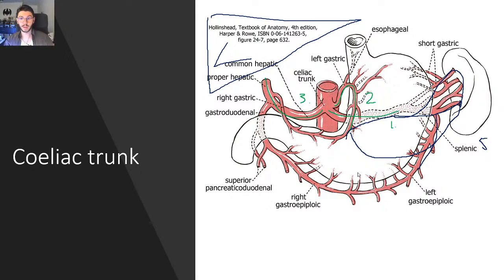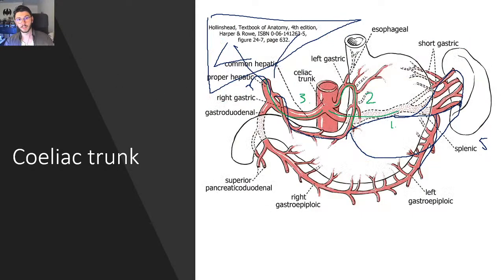The proper hepatic goes through the lesser omentum, towards the liver. It gives rise to the right gastric artery, which anastomoses here with the left gastric. It gives out the right and left hepatic arteries for the liver, and also gives the cystic artery, which goes to the cystic duct, right there. So that's the cystic artery, which supplies the cystic duct and gallbladder.